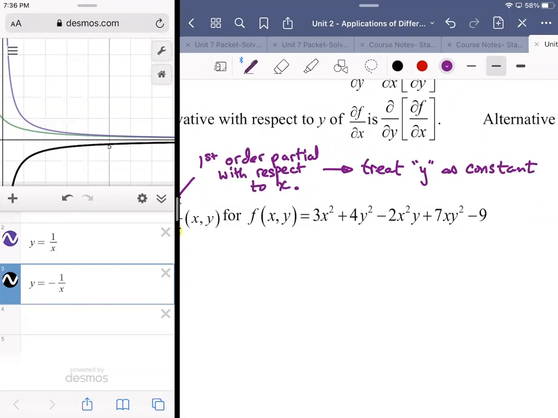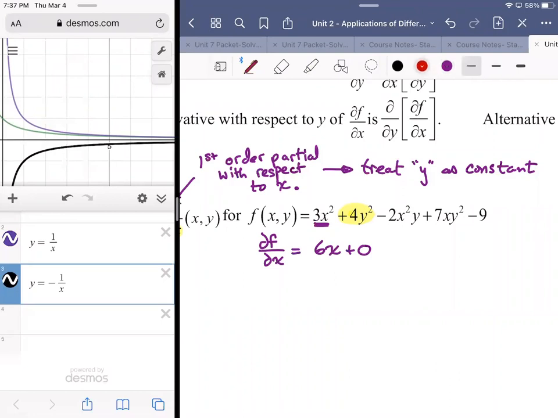All right, so if that's the case, then I can say the partial of f with respect to x. I'm going to take the derivative of this the way I normally would, but that's the variable in the question, so it's just 6x. But this is now treated as a constant. Derivative of a constant is equal to 0. It gets a little weird when you start getting into the mixed cases where you have an expression that has both an x and a y, right?